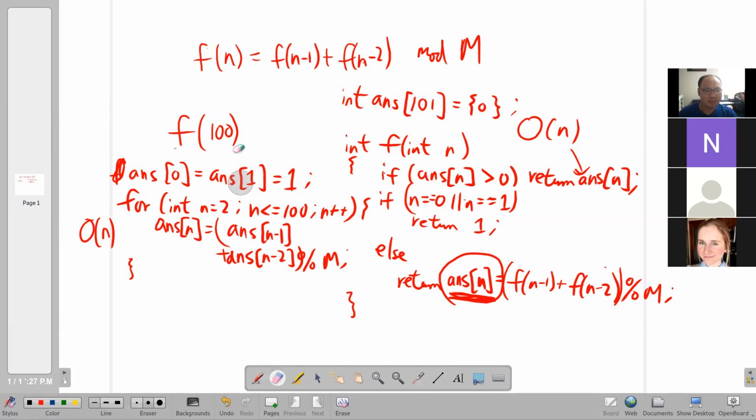Okay, so now imagine I asked you to compute f of 1 billion. If you use either of these approaches, it's going to take 1 billion steps, which is too slow.